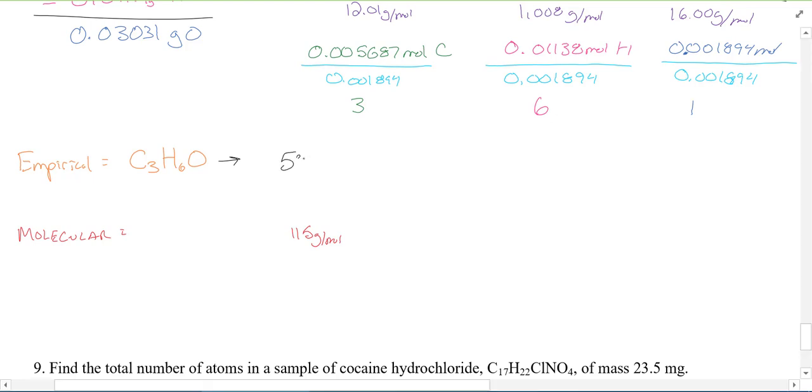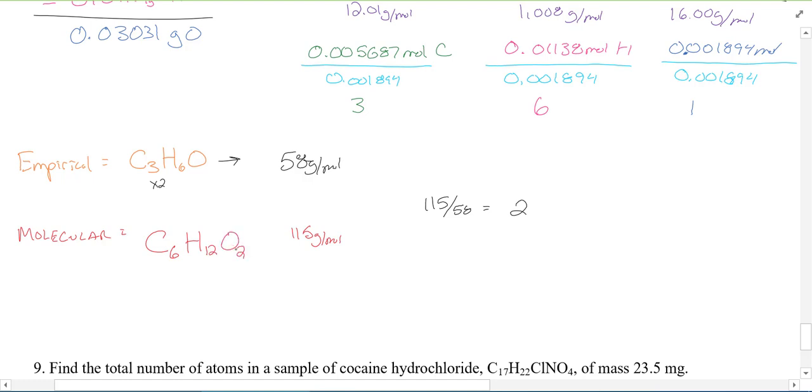This weighs about 58 grams per mole. So 115 divided by 58 looks like it's 2. That means I have to multiply this times 2. So my molecular formula would be C6H12O2. And there we go.